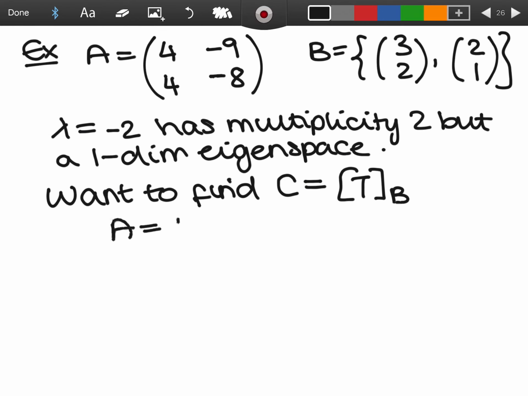So we know that A is equal to P, C, P inverse.